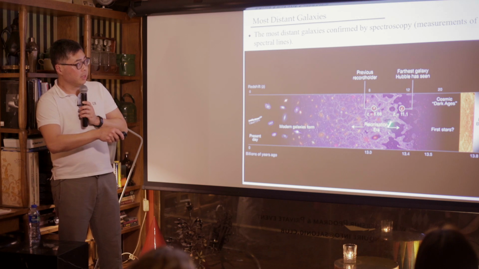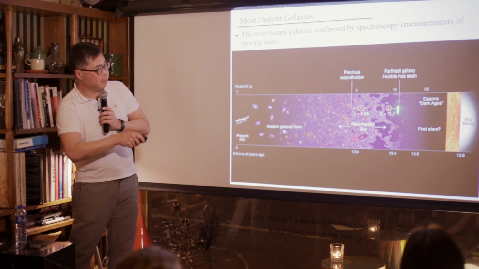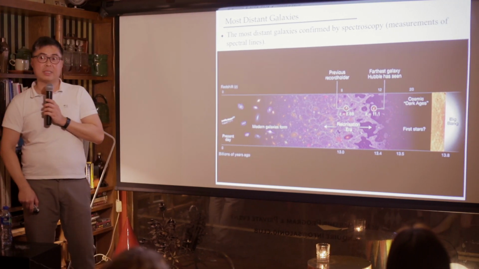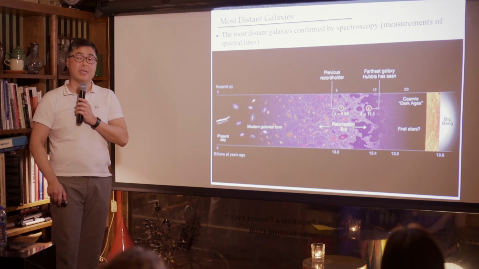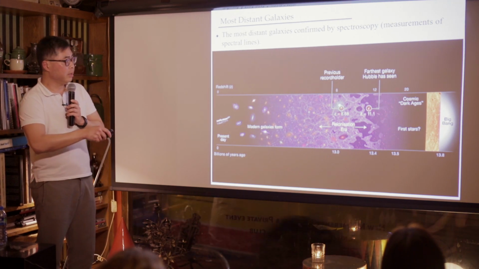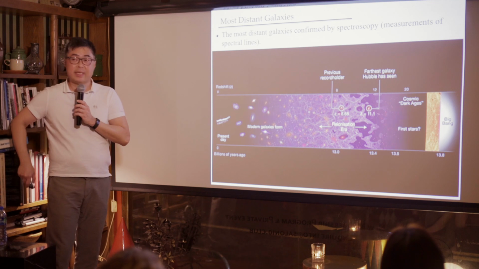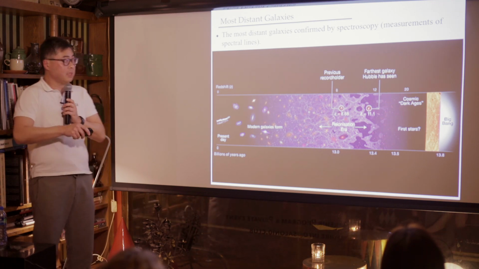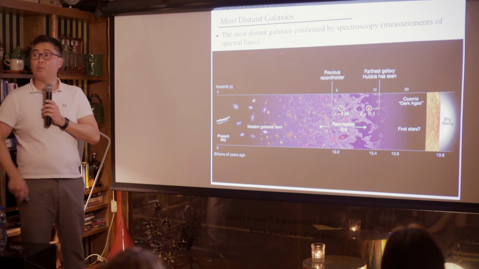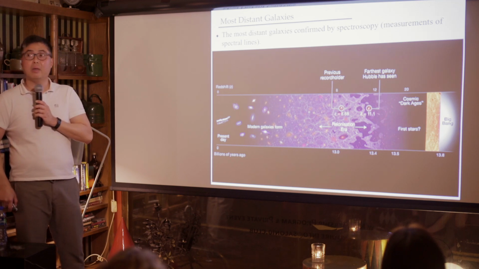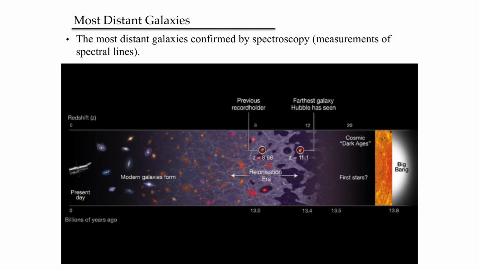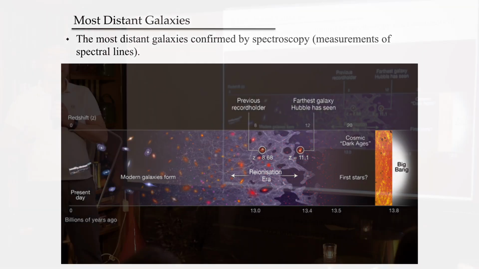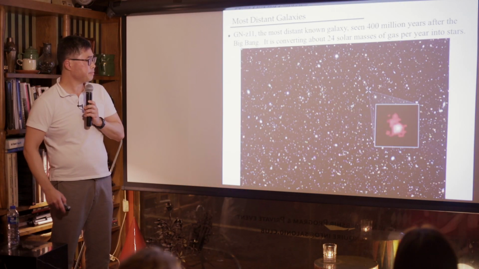This galaxy is seen just about 500 to 600 million years after the beginning of the universe. This one is maybe 700 or 800 million years. But that's just one of them here and one of them here. We are just barely able to detect the brightest, most distant galaxies. The question is how are we going to find more of them and be able to study them.